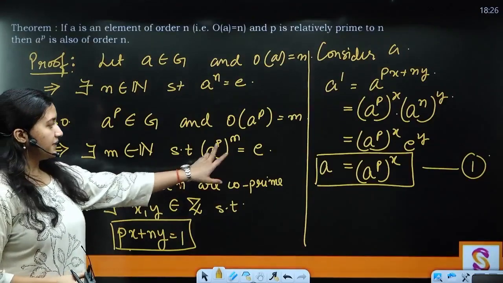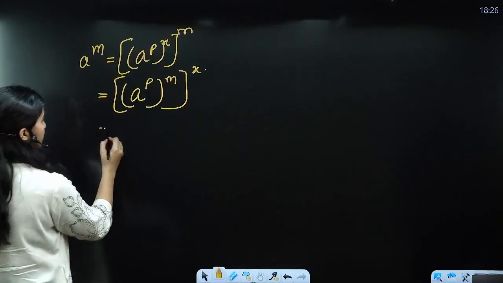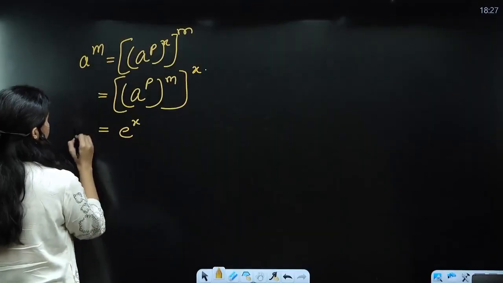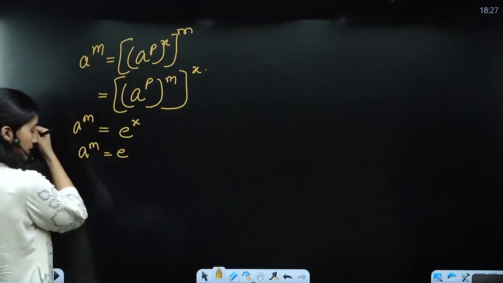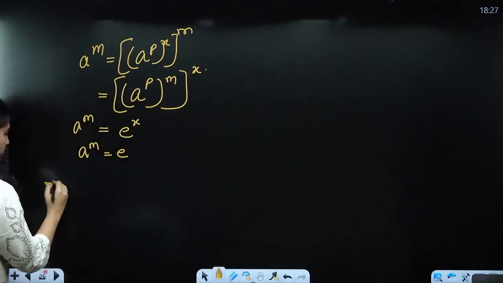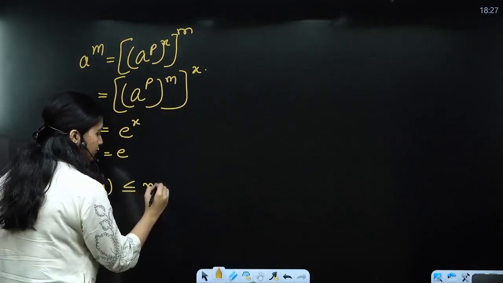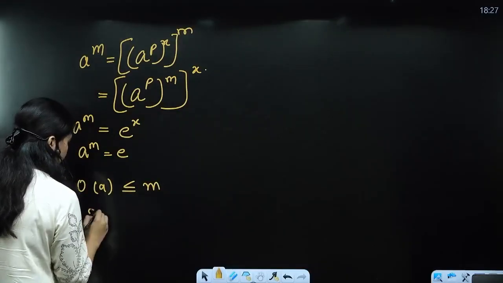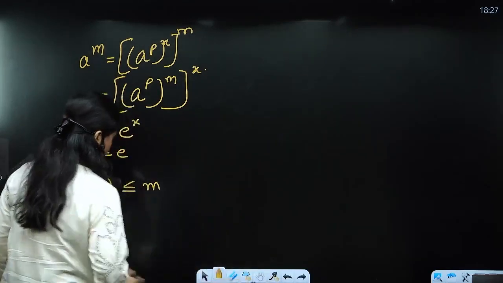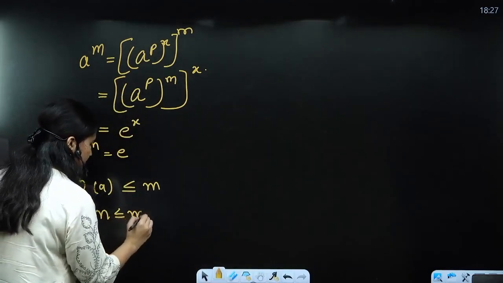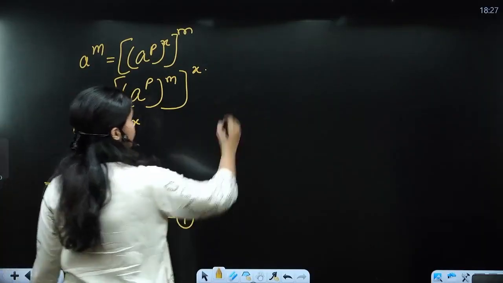It is nothing but e, right? So this is going to be e raised to the power x, and we all know that a raised to the power m equals e. Now this implies that order of a is less than or equal to m. This implies that n is less than or equal to m, right? Let this be equation number 1.